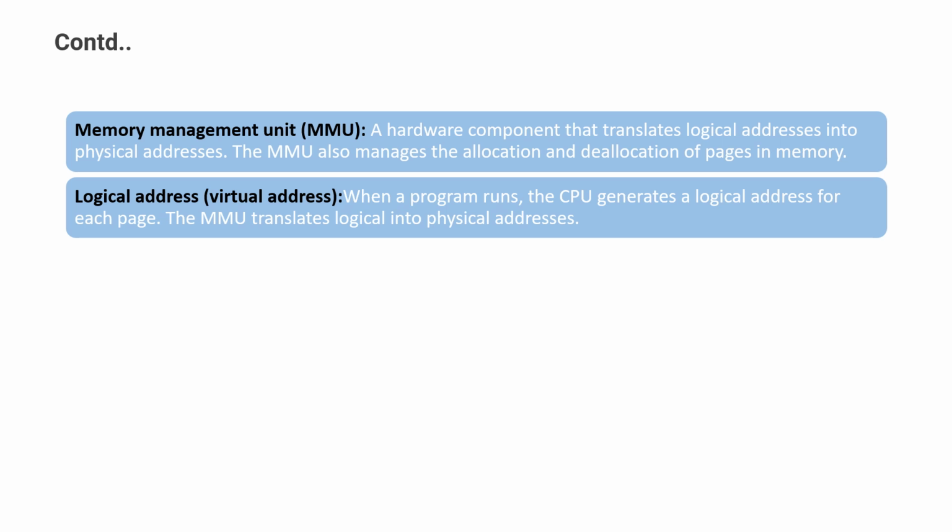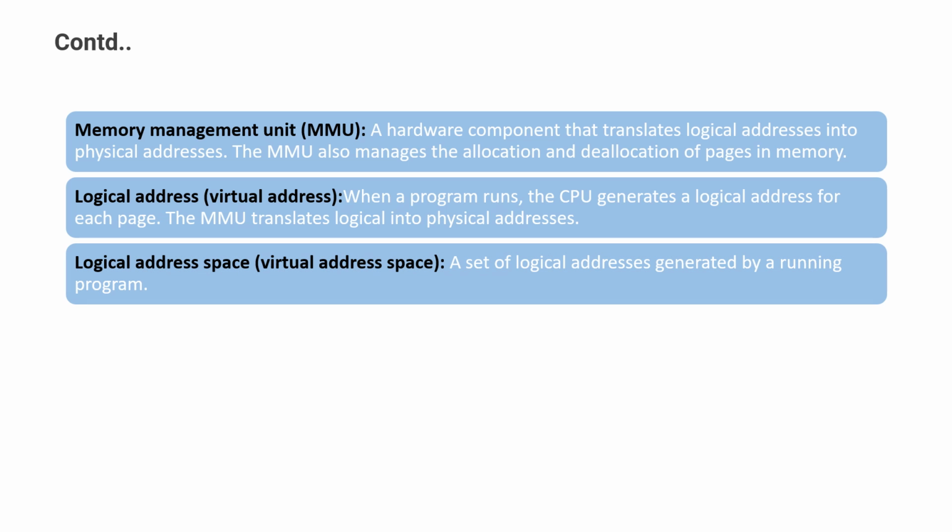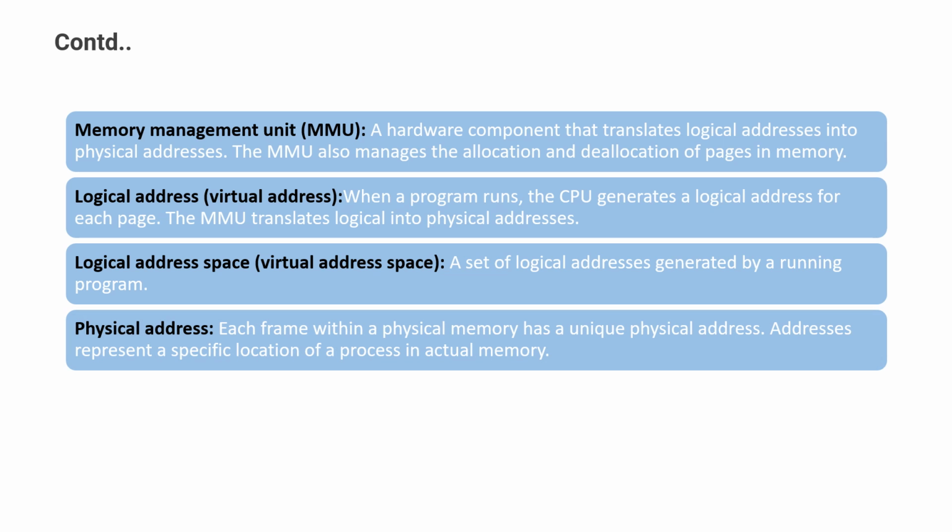Then the MMU translates the logical address into the physical address. And what is meant by logical address space? That is the set of logical addresses generated by a running program.